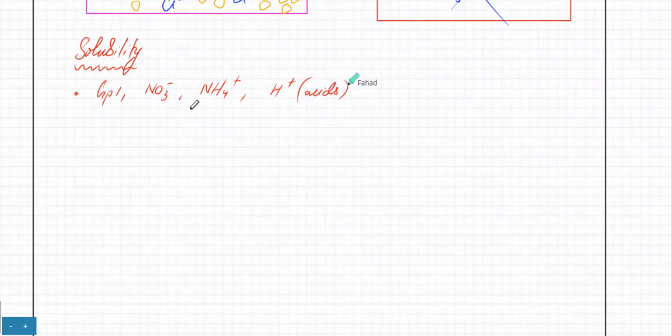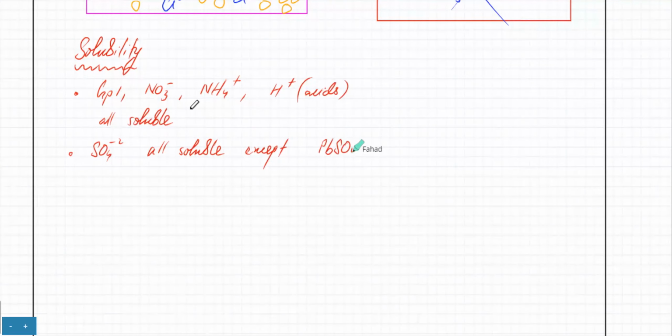Any compound that has these plus 1 or minus 1 ions is soluble. We discussed this above too. Second, as soon as you move to sulfates, SO4 2-, there are exceptions: all soluble except PbSO4, SrSO4, BaSO4, silver sulfate Ag2SO4, and partially calcium sulfate.